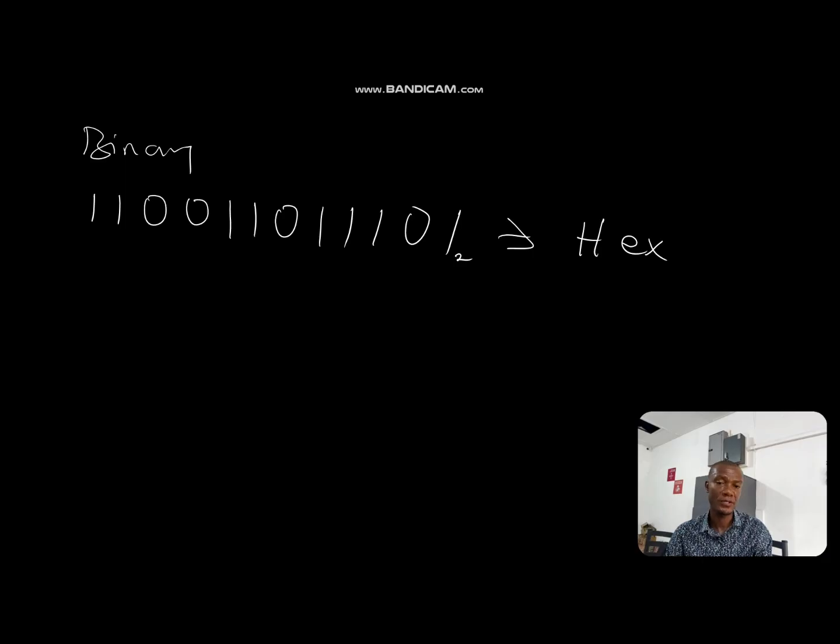In our previous video, where we were changing from binary to octal, we were grouping them in groups of 3 bits. Here in hexadecimal, we regroup in groups of 4 bits.